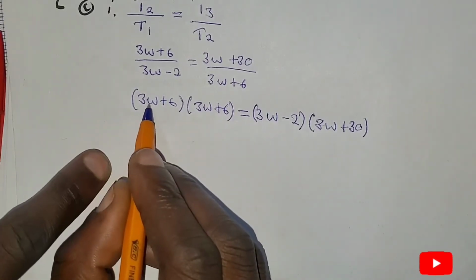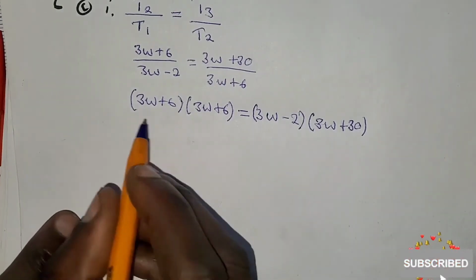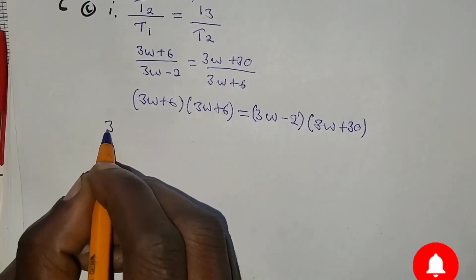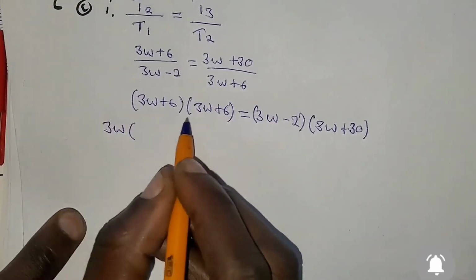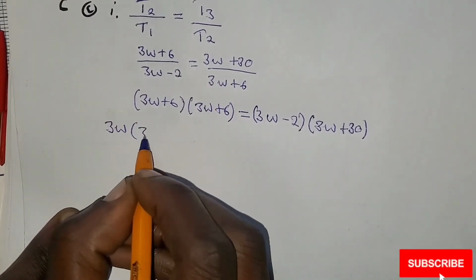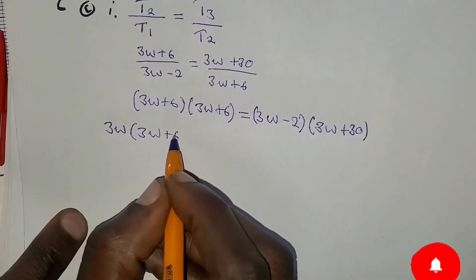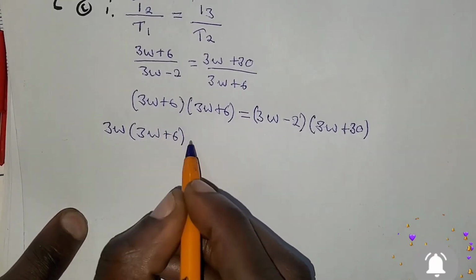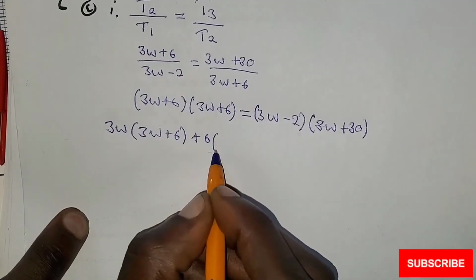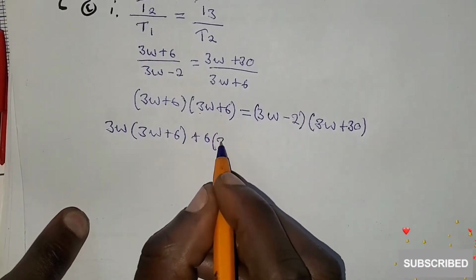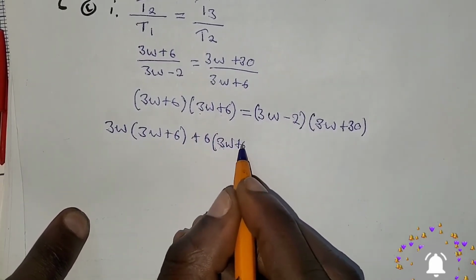This 3w is going to be multiplied by this 3w plus 6, then this positive 6 as well will be multiplied with this.